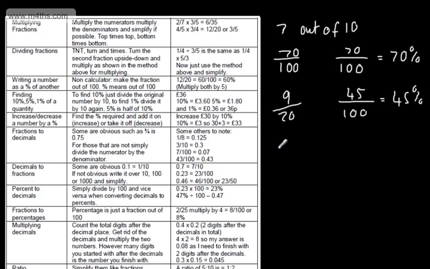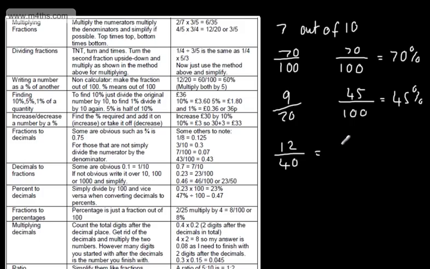Let's look at a slightly more challenging one. Let's say we've got 12 out of 40. We want to write this as a percent. So writing a number as a percentage of another. I want 12 as a percentage of 40. Now with this one, I'm going to ask myself what I'd need to do to get this to 100. The answer is multiply by 2.5, but that might not be obvious.